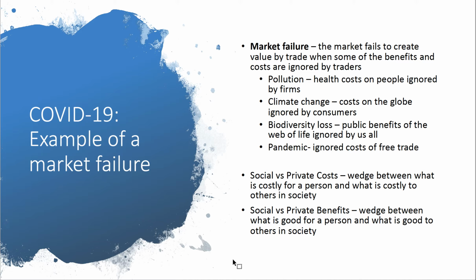All right, so when we say a market failure, what I mean by that is something very specific. The market fails to create value by trade when some of the benefits and costs are ignored by the traders. So in this case, going to a bar has a cost that we ignore, which is spreading the virus, right? So the price of drinks or the price of food or the entrance fee, none of that is accounting for someone spreading the virus, right?